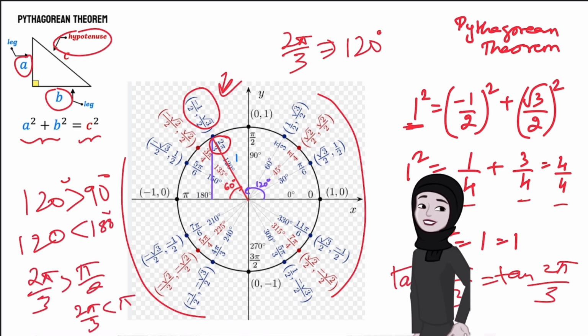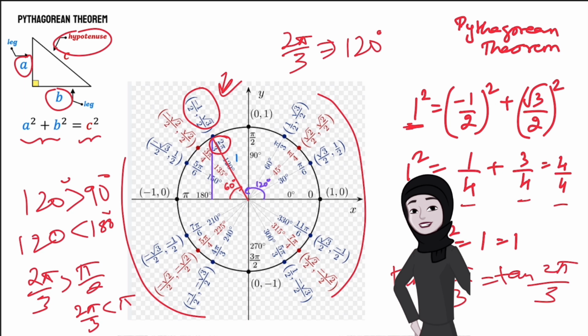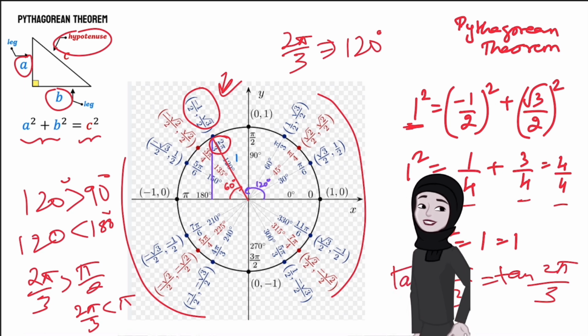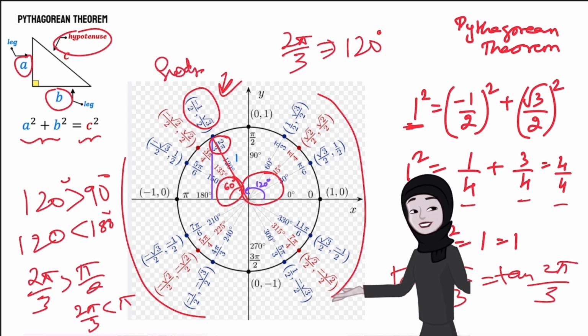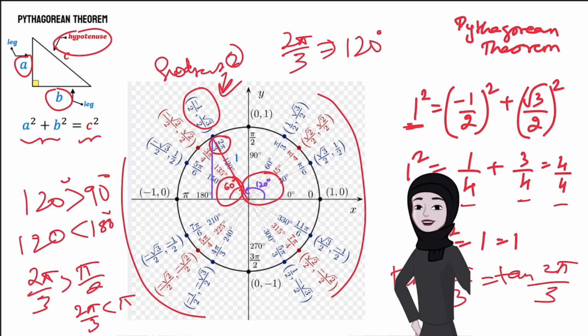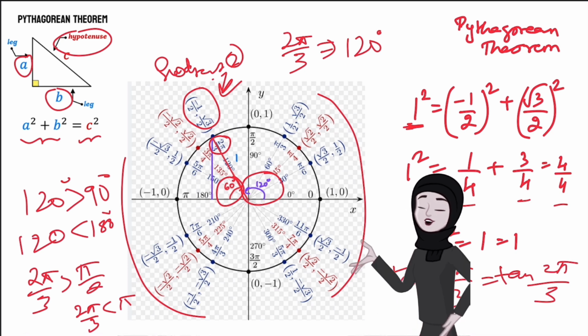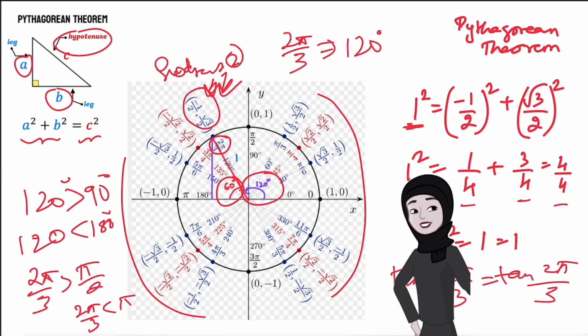In other words, 2π/3 lies between π/2 and π in radians. So the terminal side of the angle is in quadrant 2, and it forms an angle of π/3 or 60 degrees with the negative x-axis. Therefore the terminal side of the angle intersects the unit circle at the point I have already circled: negative half comma square root of 3 by 2.